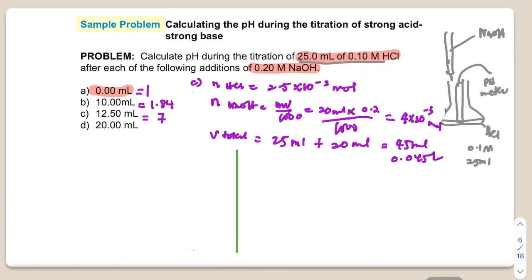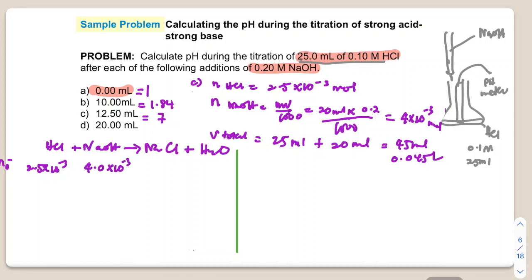Okay, let's construct the reaction table. We have a reaction between HCl and NaOH turning to NaCl plus H2O. So n initial HCl is 2.5 times 10 negative 3. Sodium hydroxide that is added is 4.0 times 10 negative 3. 0 for NaCl, dash for H2O.